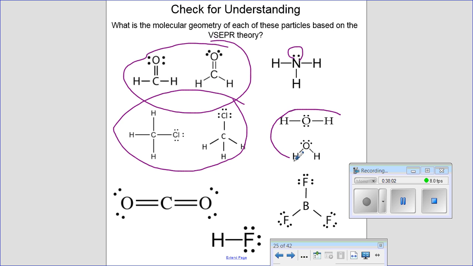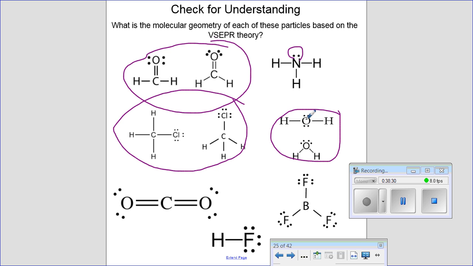All right, with the water. Water can be drawn like the top structure or like the bottom structure. Either one is equally correct. You need to be careful though, because if you just draw this, you might say, oh, it's a line, it's linear. It's not linear. The reason why it's not linear is that linear cannot have any lone pairs of electrons on the central atom. Linear is a central atom with either 1 or 2 bonded atoms and no lone pairs on the central atom.